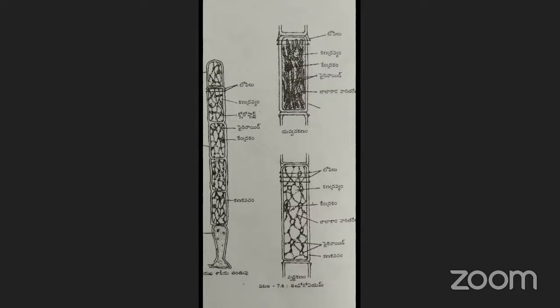Polarity means the basal cell is large in size, which we call the holdfast. The basal cell is differentiated from the other cells, is very large, and is attached to the substratum.